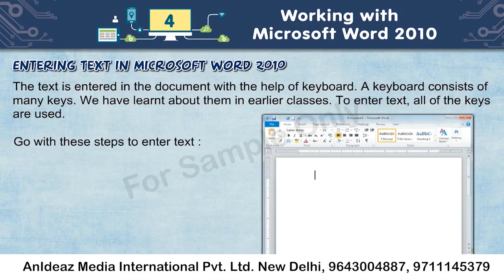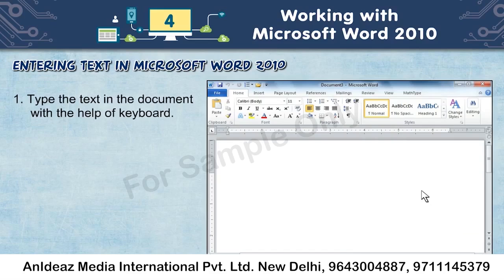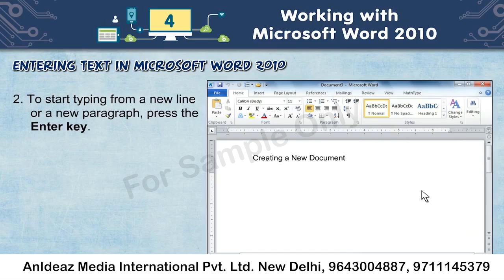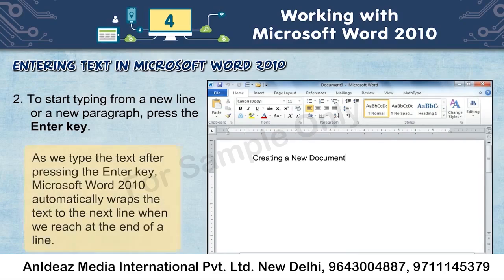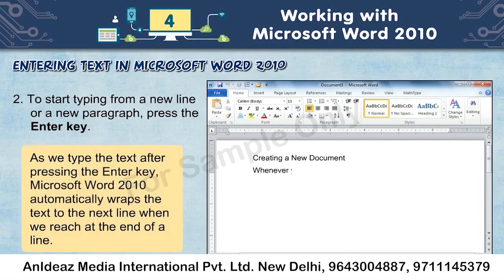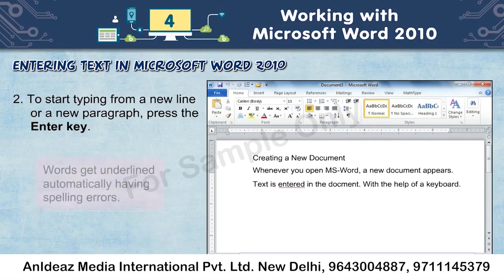Go with these steps to enter text. Type the text in the document with the help of keyboard. To start typing from a new line or a new paragraph, press the Enter key. As we type the text after pressing the Enter key, Microsoft Word 2010 automatically wraps the text to the next line when we reach the end of a line.